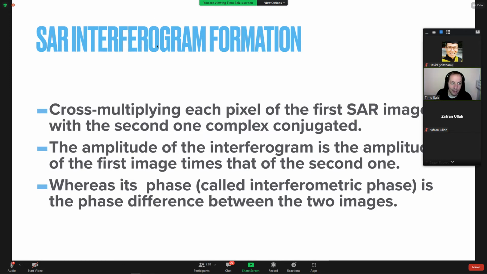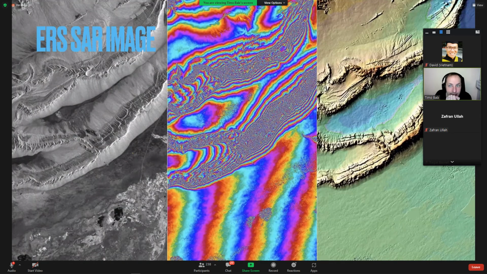After you overlay these two images, we get something like this. On the left side, this is the SAR image, the amplitude image. In the middle is the interferogram, and we move toward, on the right side, the DEM. I use that example often here to explain.